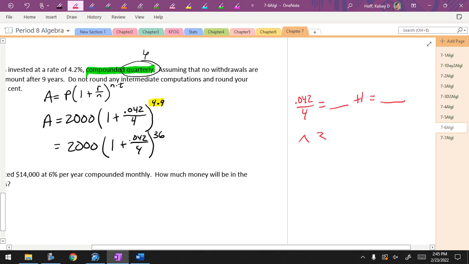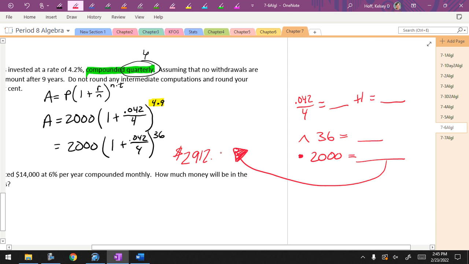Caret key to the 36th power. Hit equals. You have a number on your screen. And then we multiply times 2,000. Hit equals. This is your final answer that you need to round to the nearest cent. $2,912.98.